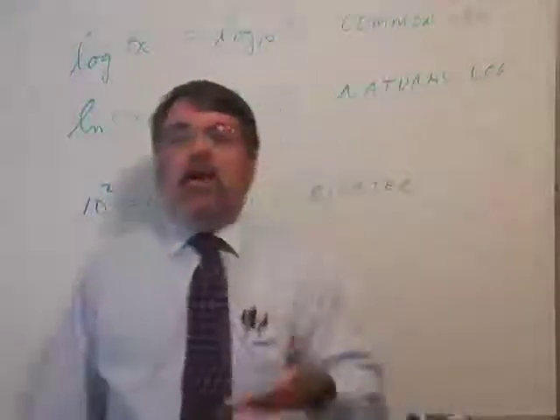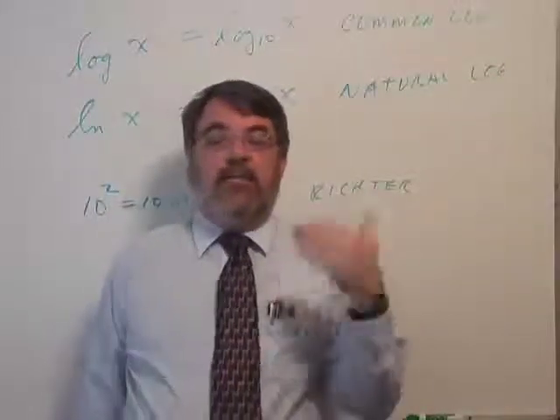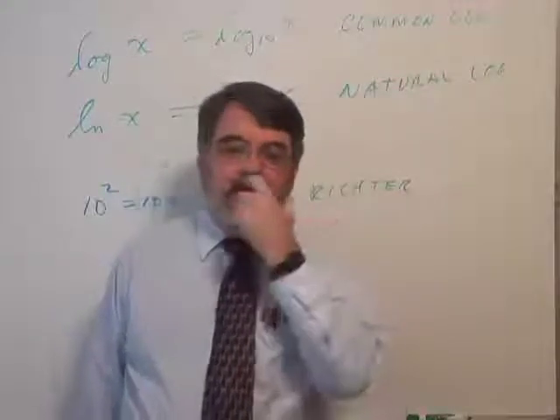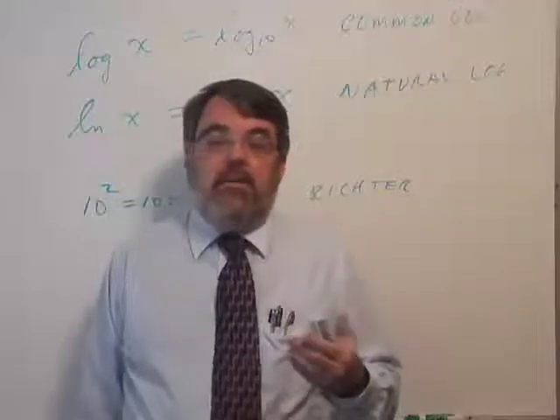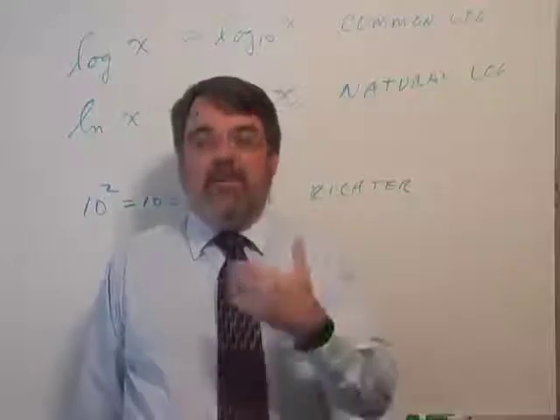But anyway, to give you an idea, the Richter scale is a logarithmic scale. The decibel scale for hearing, the loudness of sounds, is a logarithmic type of scale. A decibel is 1/10 of a bell. A bell is a power of 10 in energy.